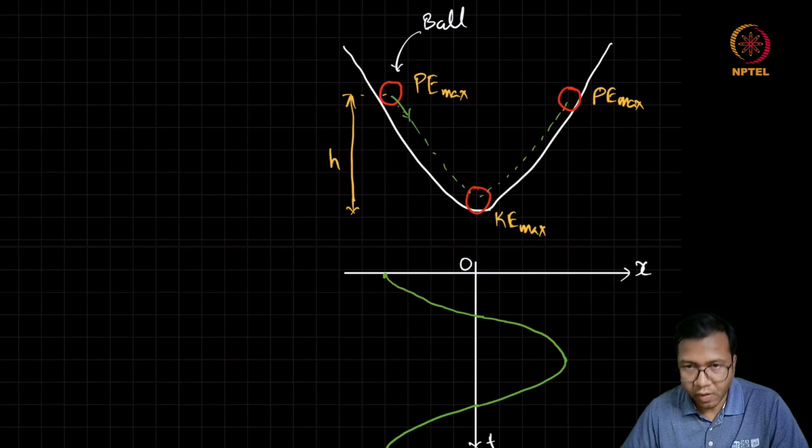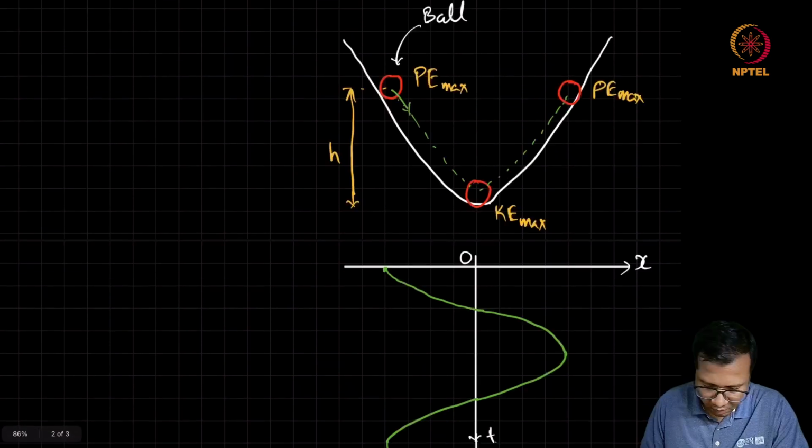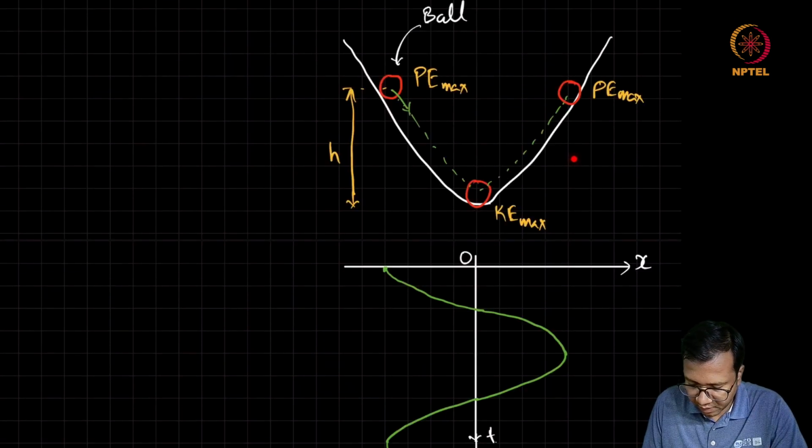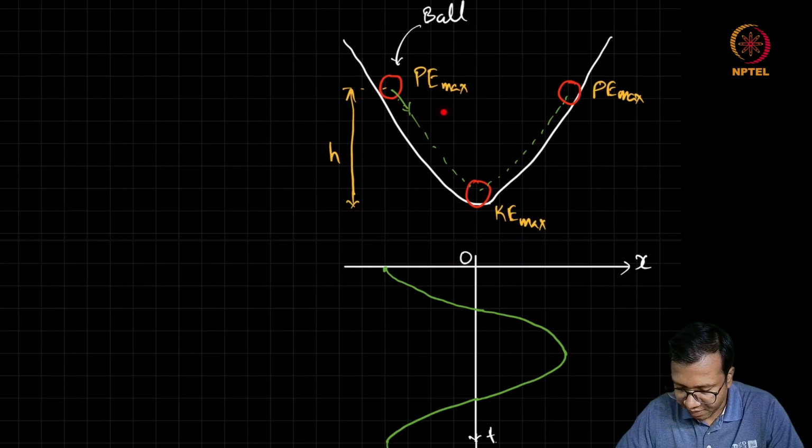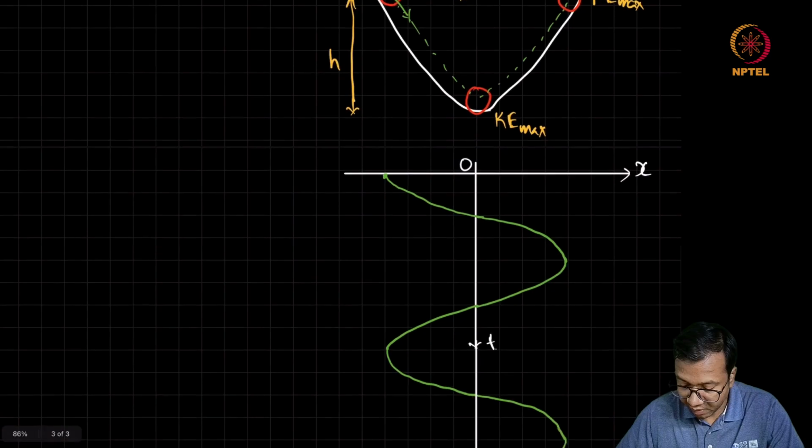And this is going to continue forever. So this looks like a system which is self-driven and doesn't require any external input. You start with some initially stored energy, and as time progresses, there is a continuous exchange of this energy between the two forms, which is again happening at a very specific rate.